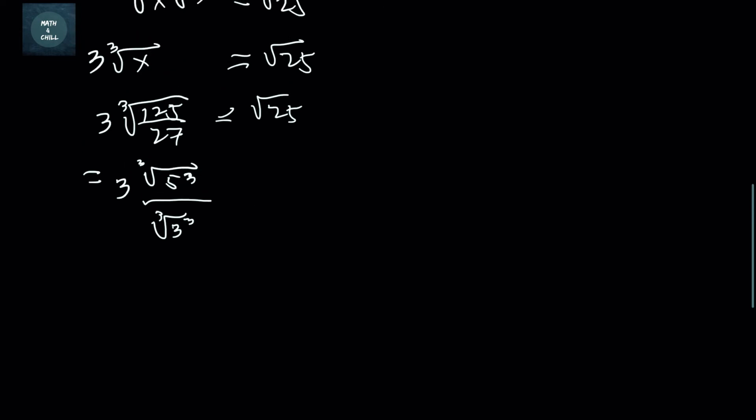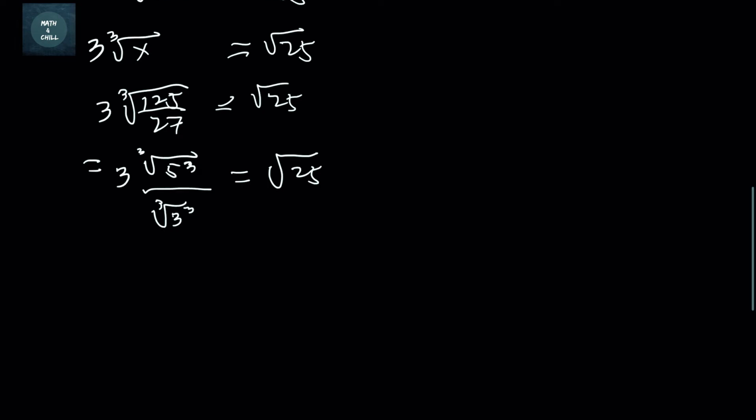So, it's equal to square root of 25. Therefore, this is 3. Makancel na ni siya. Since pareho na siya, pareho ang mabilin kay 5 over 3. 5 over 3 is equal to square root of 25 is 5.